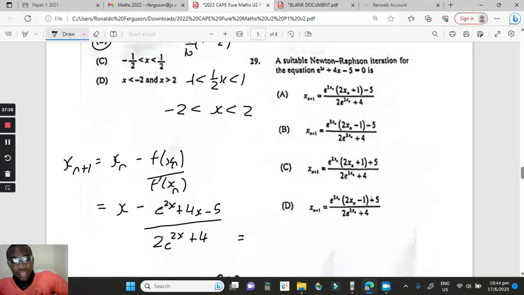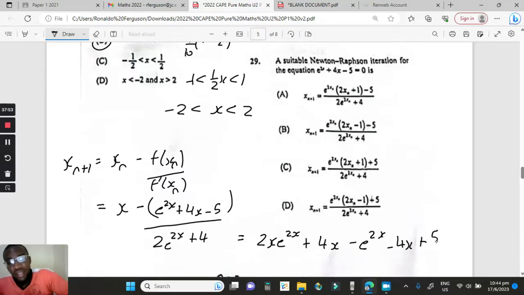Multiply it up, that is now 2x e to the 2x plus 4x minus all of this now, that becomes minus e to the 2x minus 4x plus 5. This is just the numerator I'm simplifying.